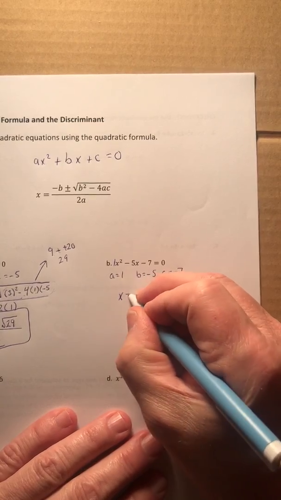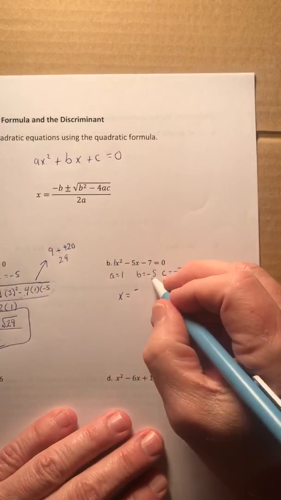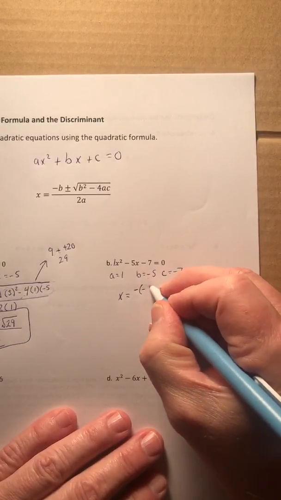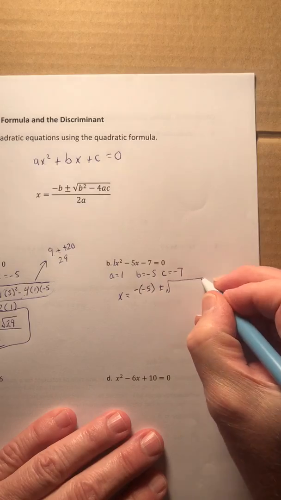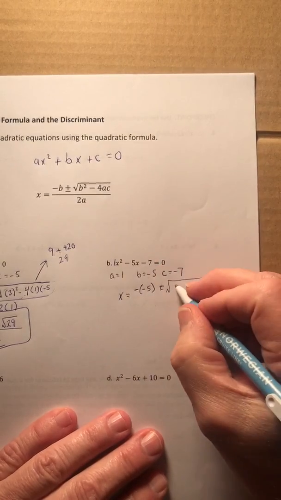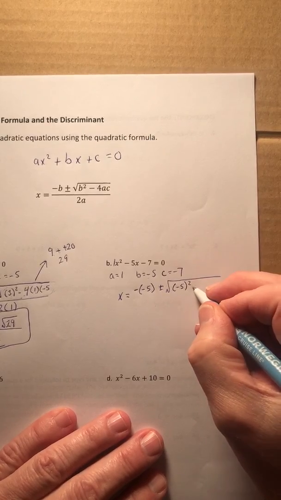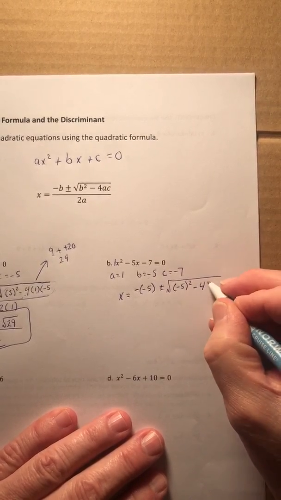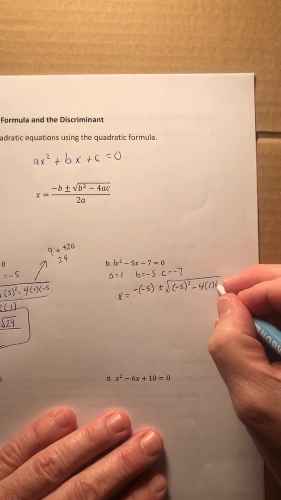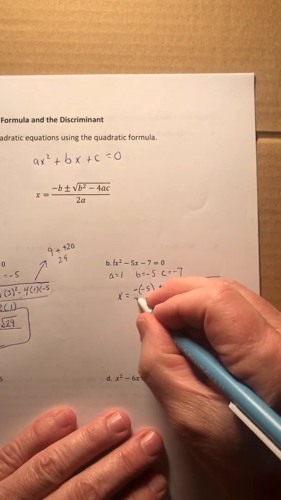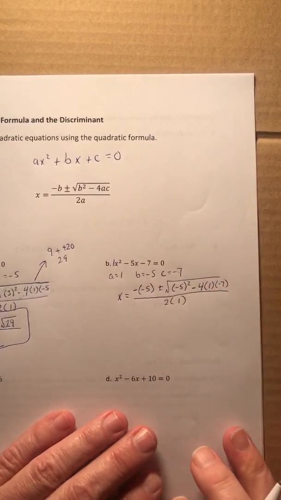So I got x equals negative, that's that negative sign here, and then B, well, B is a negative 5, plus or minus the square root of B, negative 5 squared, minus 4 times A, which is 1, times C, which is negative 7. All over 2 times A, which is 1.